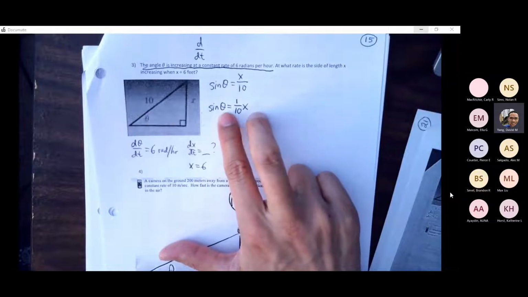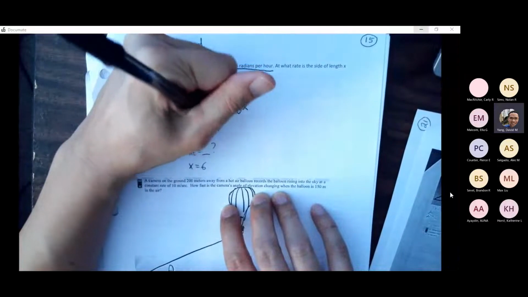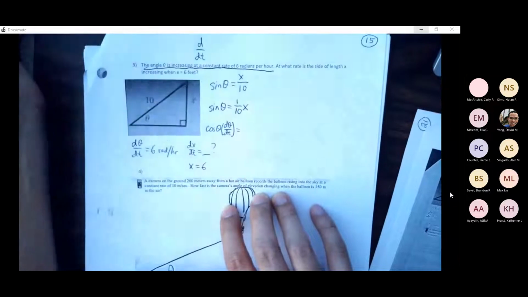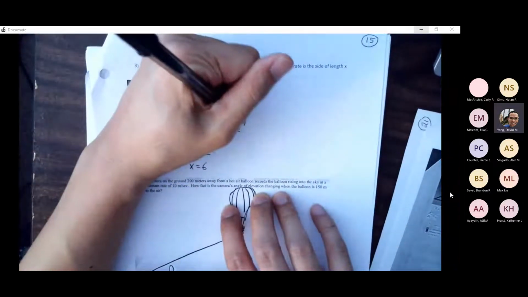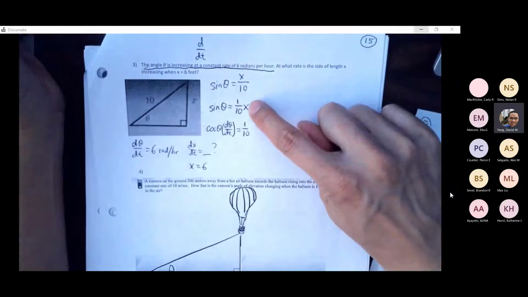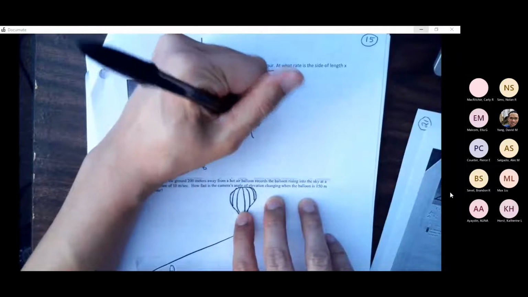So there's going to be a d over dt involvement there. So sine of theta becomes cosine theta, d theta dt. 1/10 x becomes 1/10. The x goes away, but we're asking for x's derivative, so time is involved there. So dx dt.